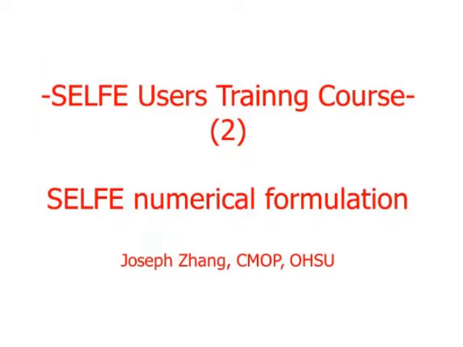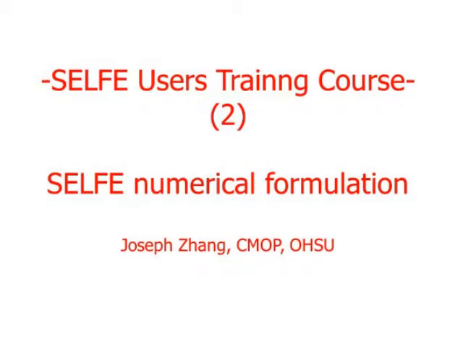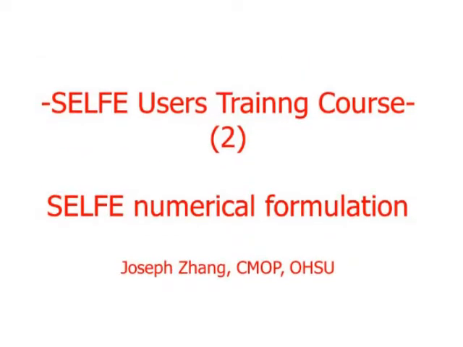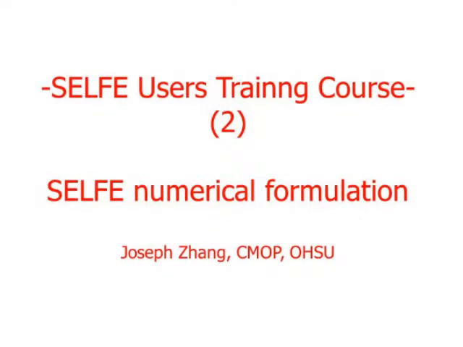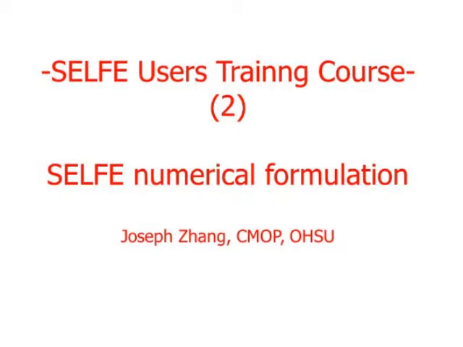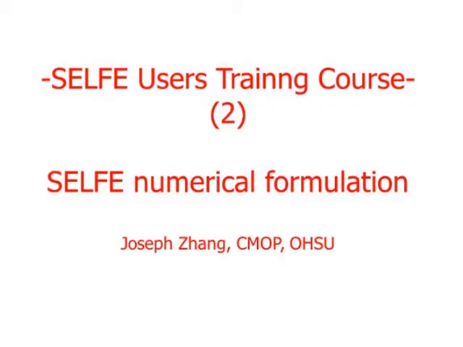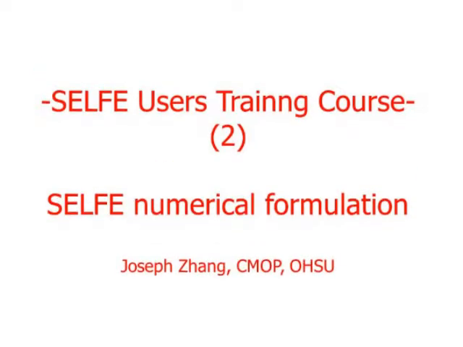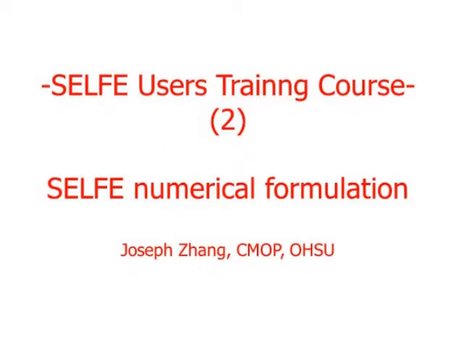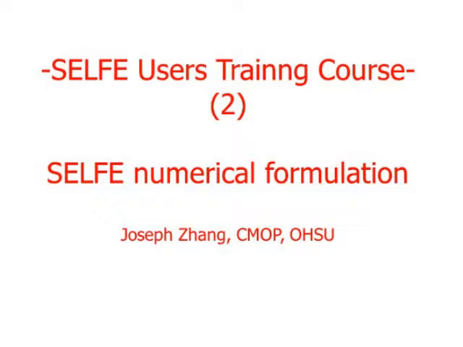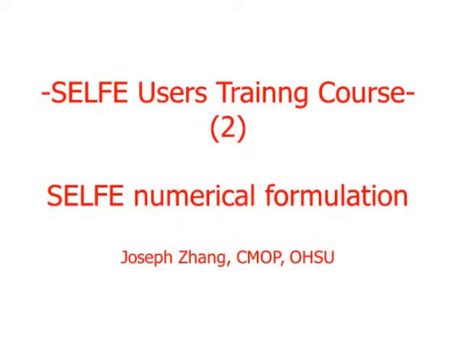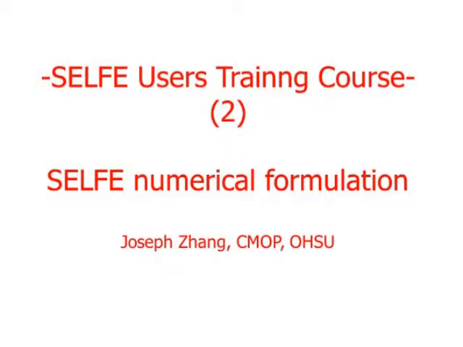The Z layers are usually used in the deeper depths. So if you look at slide number 6, on top you have a number of terrain following coordinates, S levels, whereas below this particular depth you have a number of Z layers. The transformation for the S is the same as in ROMS.